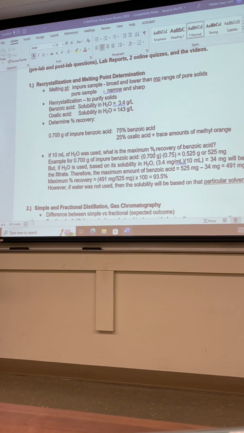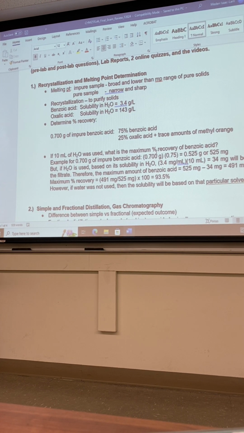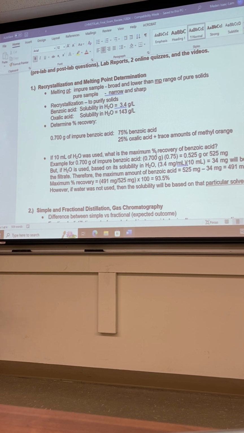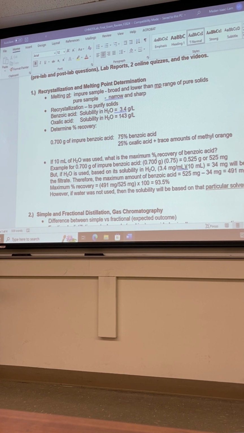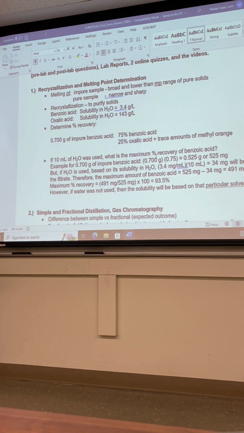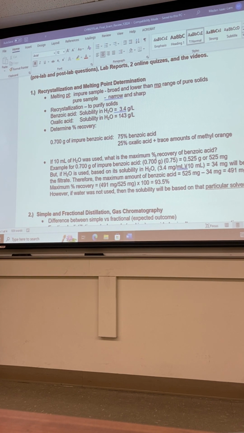So if you have a mixture of oxalic acid and benzoic acid, and you're using water, it's difficult to isolate oxalic acid because the water will dissolve all the oxalic acid. Does it make sense?